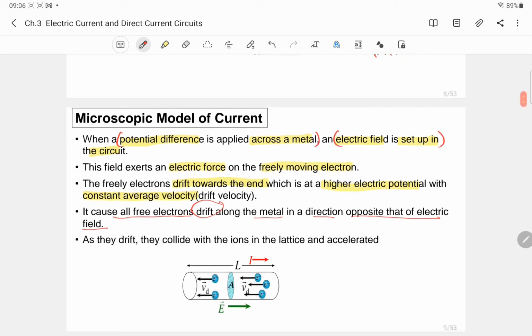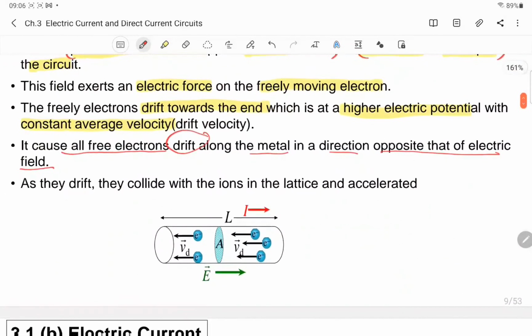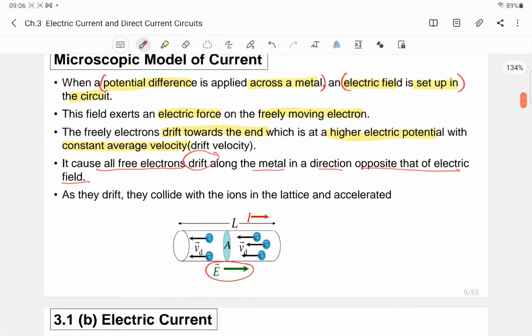Okay, so kalau perlu perasan kat sini, this one is the direction of electric field, tapi direction of electron or direction of drift velocity of the electron is opposite to the direction of electric field. As they drift, they collide with the ions in the lattice and accelerate.